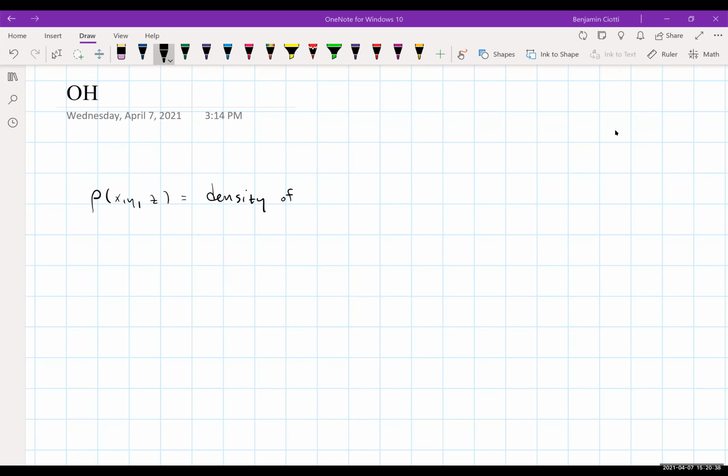Okay, yeah. If rho is the mass density of some material, like maybe water, it's how dense water is, like how many kilograms per cubic meter in water or wood or air or anything. It might change depending on where you are.